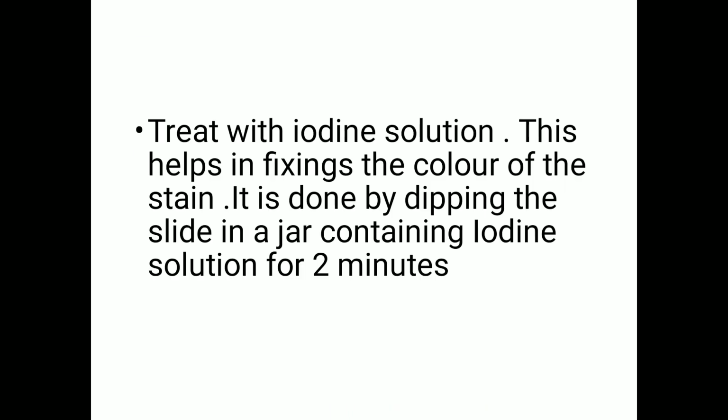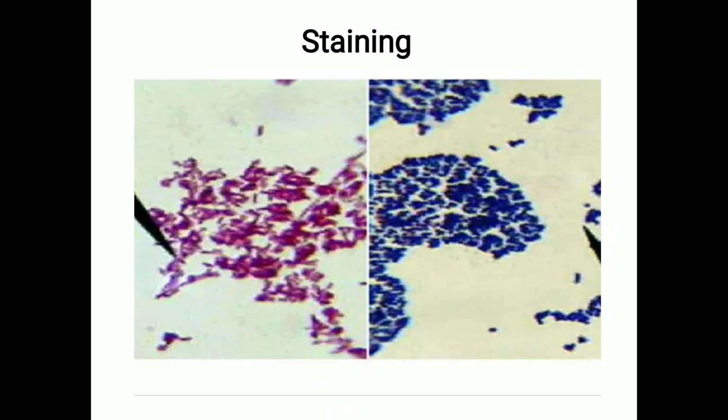And when you observe under the microscope, on the basis of colors, we have to differentiate which is gram positive and gram negative bacteria. So, in the previous slide, those bacteria which show the blue color are considered as gram positive bacteria, and those bacteria which retain the color of the counter stain are called gram negative bacteria.